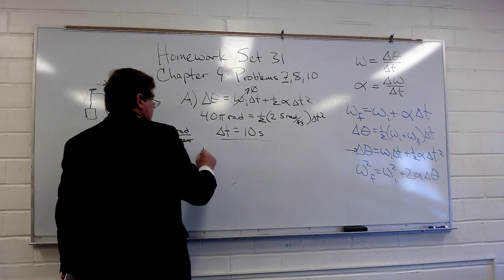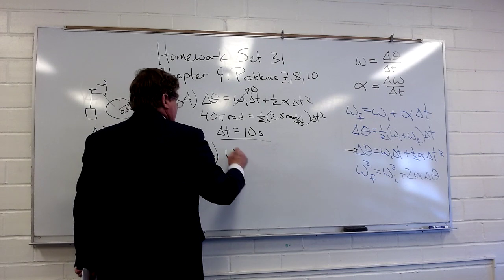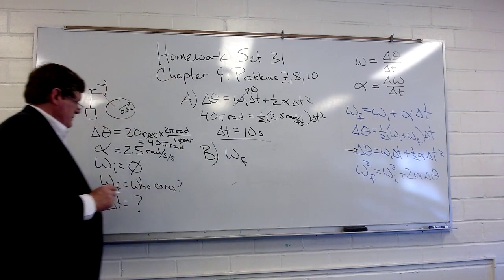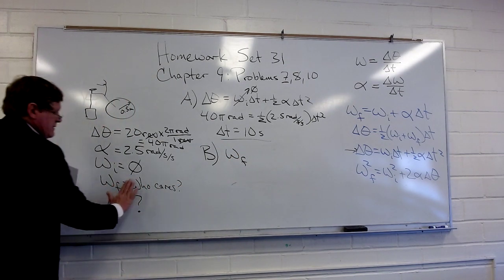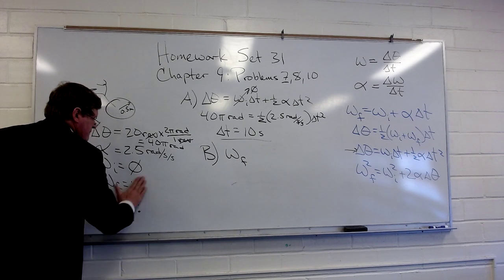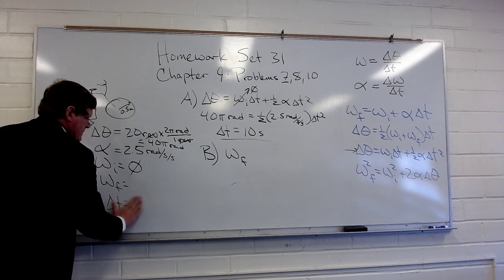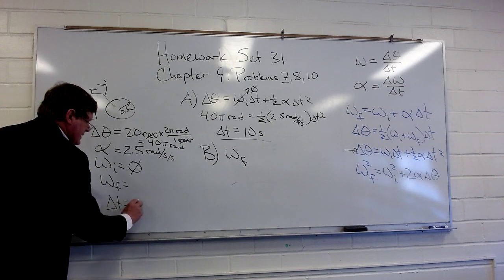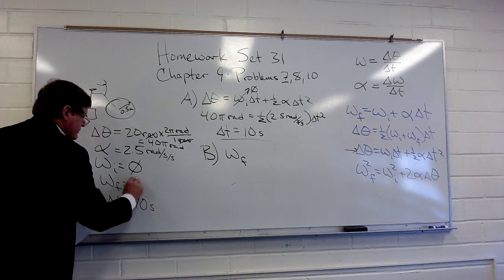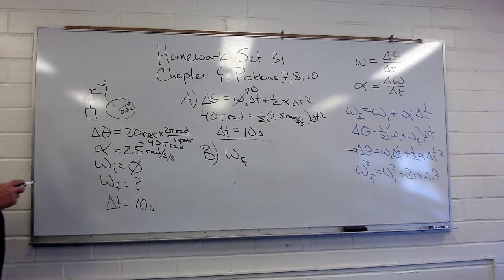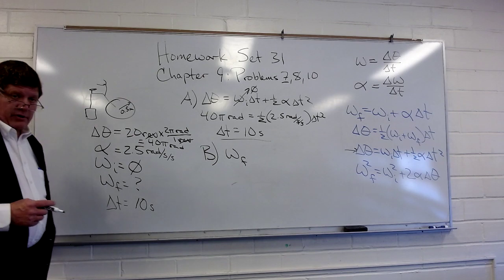Now B asks us to find the final omega for the wheel. So now I know that delta t is 10 seconds, and now I want omega final. Now I could solve this the same way that I did problem 3.